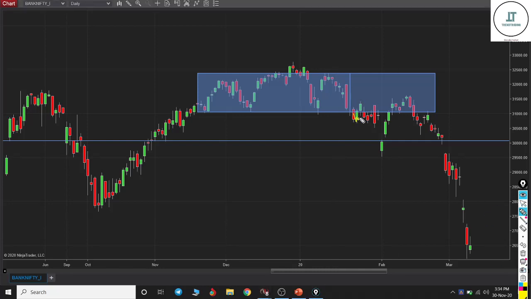Now, as this is not valid because the first rule itself, 2.5 months, has not been validated, we need to wait and look whether price is spending more time inside the zone and our 2.5 months gets satisfied. So now, as price was spending time, this full zone, price was spending inside the zone.